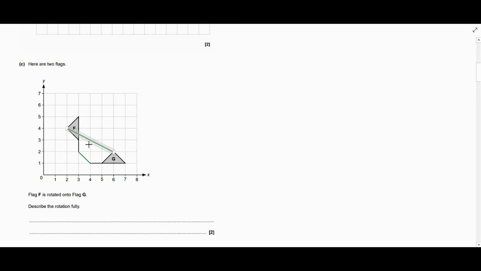Now, I'm sure you know how to do perpendicular bisectors. In the exam, you'd use your compass and ruler, but here I'll just fill them in. So I'm just going to go in diagonally. The blue ones are the perpendicular bisectors.